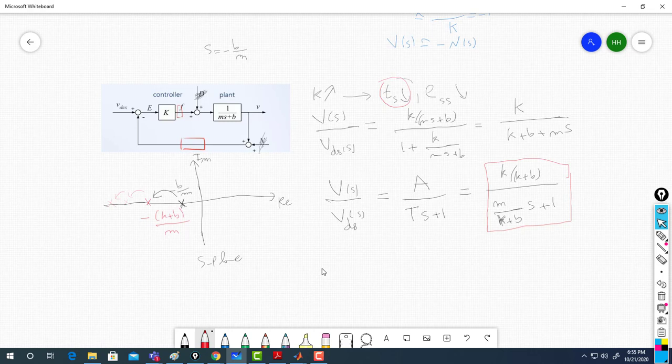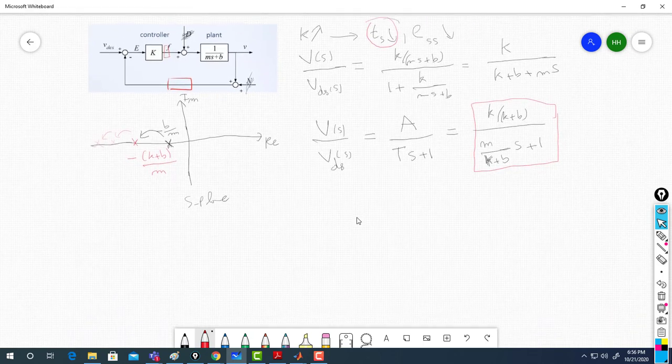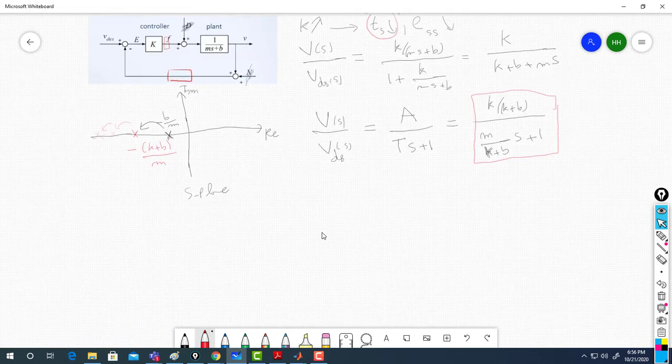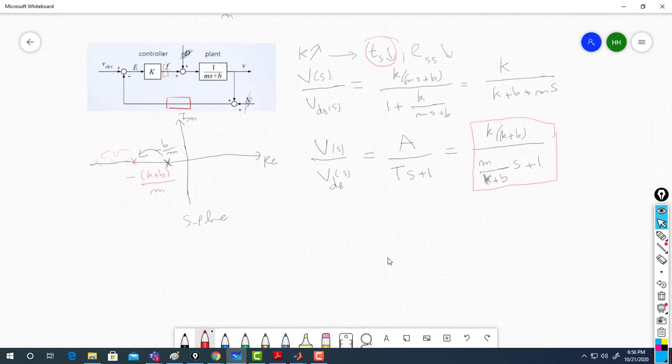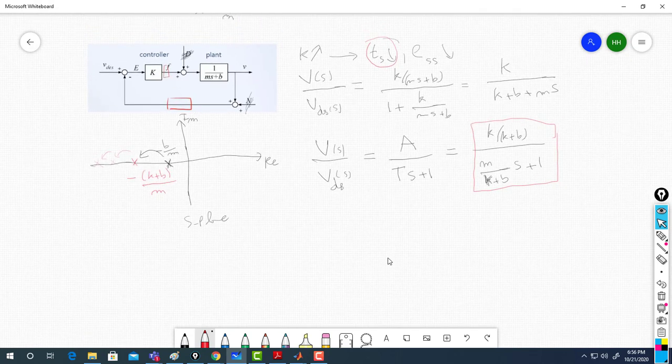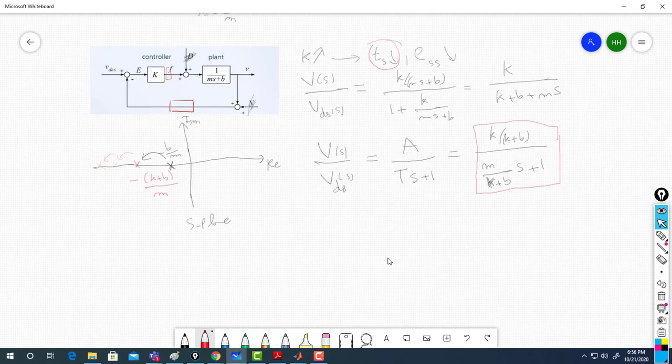Also, the other effect is on steady state error. So let's see the effect on steady state error. I will challenge you to do it yourself at home, but I will give you a hint. The numerator becomes almost 1, because if K is large, you have 1 on top, and below K is very large so M over K plus B is small, and as K goes to infinity it becomes almost 0, so it becomes 1.